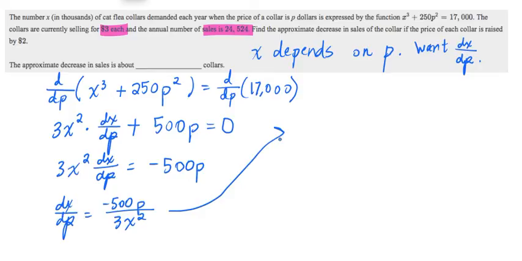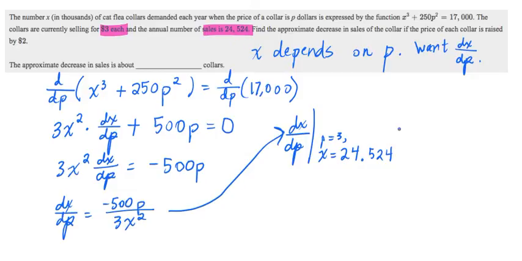So dx dp when price is 3 and sales, or X, is, let's see, X is in thousands, so this would actually be 24.524. When X is 24.524, since X is in thousands, that means sales are this much.